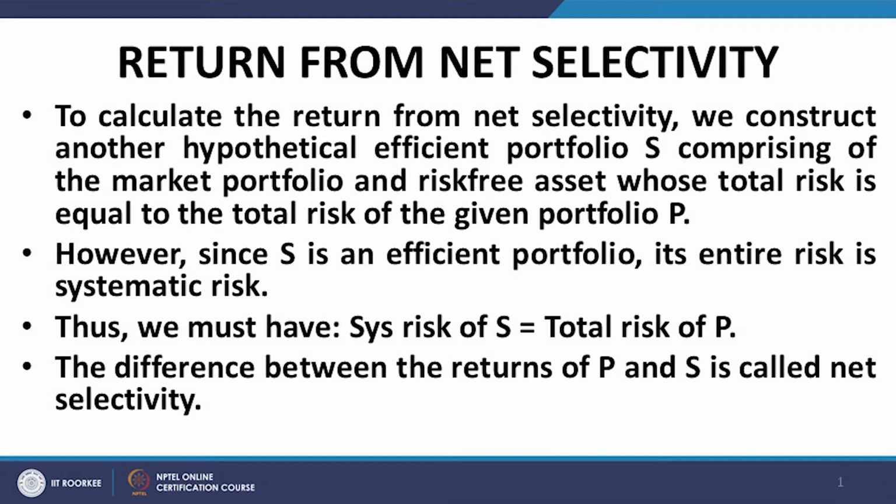That enables us to obtain the value of beta S. Knowing the beta value of S, knowing the equation of the line Fm, we can find out the return corresponding to the risk of the portfolio S, and the difference between the returns on P and S, that is Rp minus Rs, is the return from net selectivity.